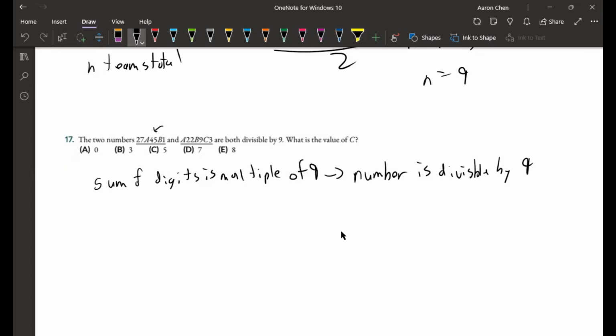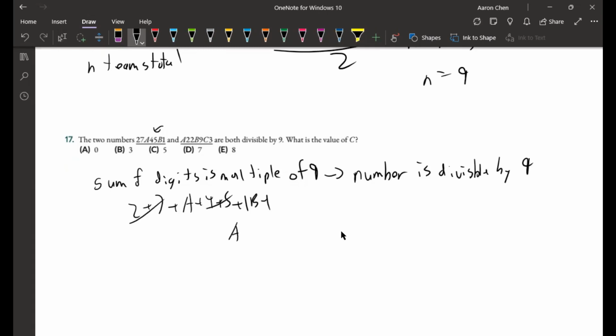Now this first number: 2 plus 7 plus A plus 4 plus 5 plus B plus 1. The 2 plus 7 and the 4 plus 5 both cancel because they're divisible by 9. By our 9 divisibility rule, we can ignore anything that's already guaranteed to be a multiple of 9.